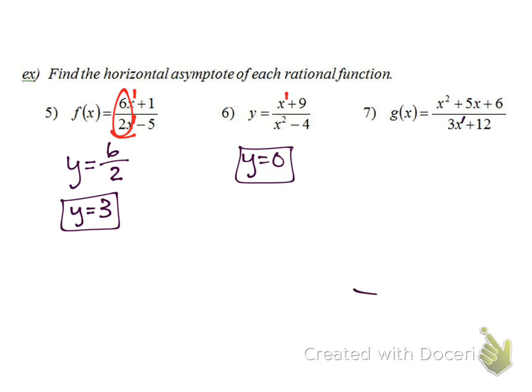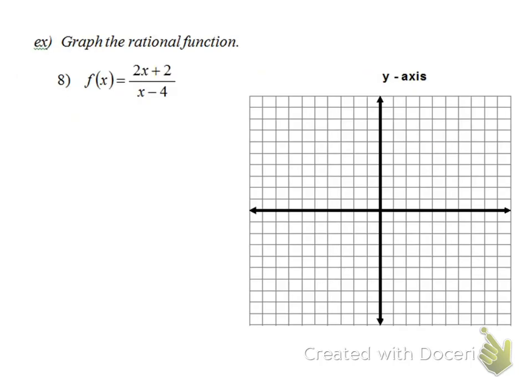Because the degrees don't match, and the numerator's is higher, there is no horizontal asymptote. So what we will write is no horizontal asymptote.